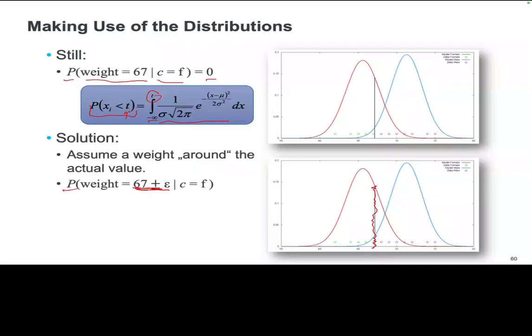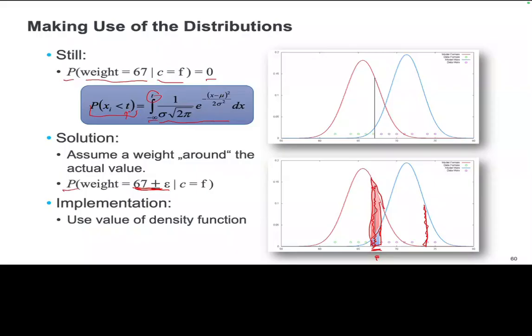Now, for any kind of value that we consider, we always consider the interval. And we do this in the same way for the same kind of interval sizes. So therefore, we make the simplifying assumption that when we compare values, for example, we have to compare the small area for the blue distribution against the larger area for the red distribution, we always have here the same kind of epsilon environment around the observed value.